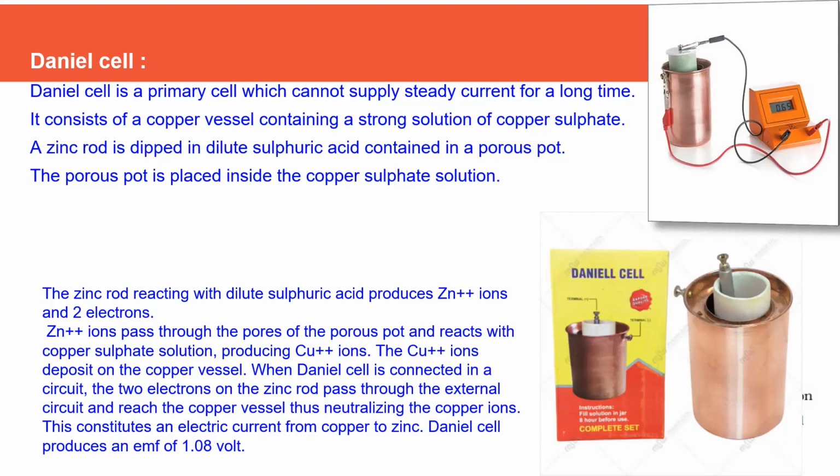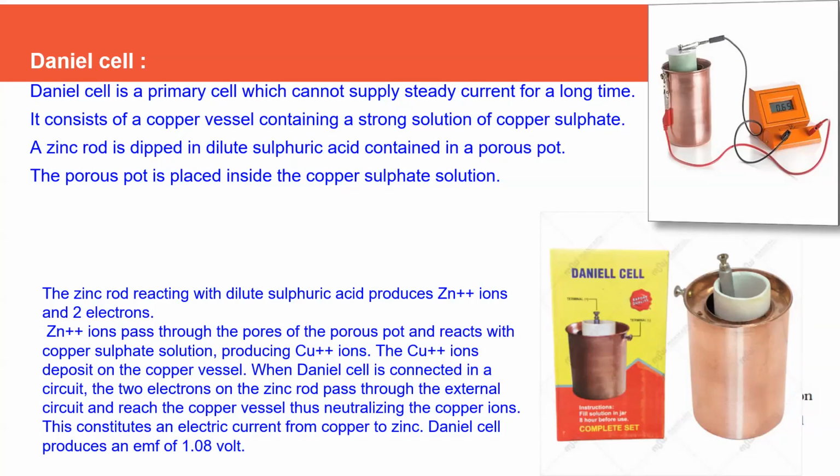It usually consists of a copper vessel containing a strong solution of copper sulfate, with a zinc rod dipped in it. The zinc rod is dipped in dilute sulfuric acid contained in a porous pot. The porous pot is placed inside the copper sulfate and acts like a membrane, which selectively allows ions to pass through.